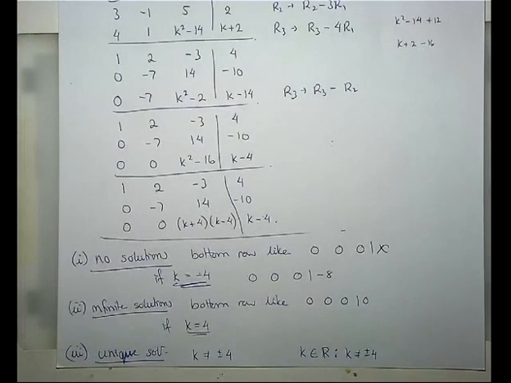Is there ever a situation where a unique solution could happen when k doesn't equal plus or minus 4, but then you do more row operations if it's another number and it doesn't work out properly? No, it shouldn't. If you've done your row operations properly, that shouldn't happen.